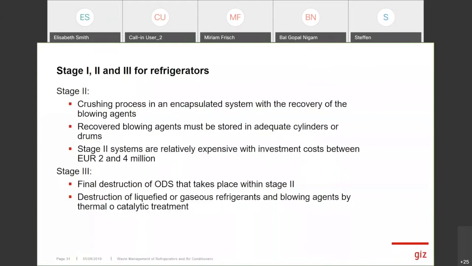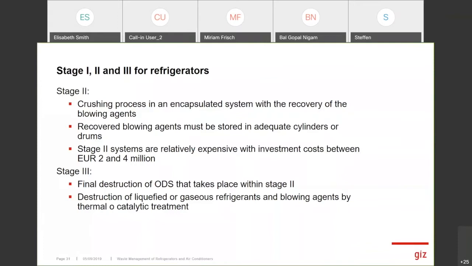Recovered blowing agent must be stored in adequate cylinders or drums, but before that it must be liquefied again. This happens also by a connected refrigeration system to the stage 2 unit. The stage 2 unit and system is relatively expensive, with investment costs between 2 and 4 million euros.